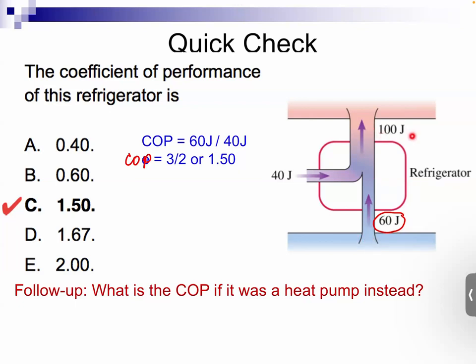But this time the output is the warm room instead of the cold inside of the fridge. So the output will be 100 joules because you want to maintain a warm room for the heat pump, and the input is still the work done in order to facilitate energy transfer from cold to hot. That gives you a COP of 2.5.